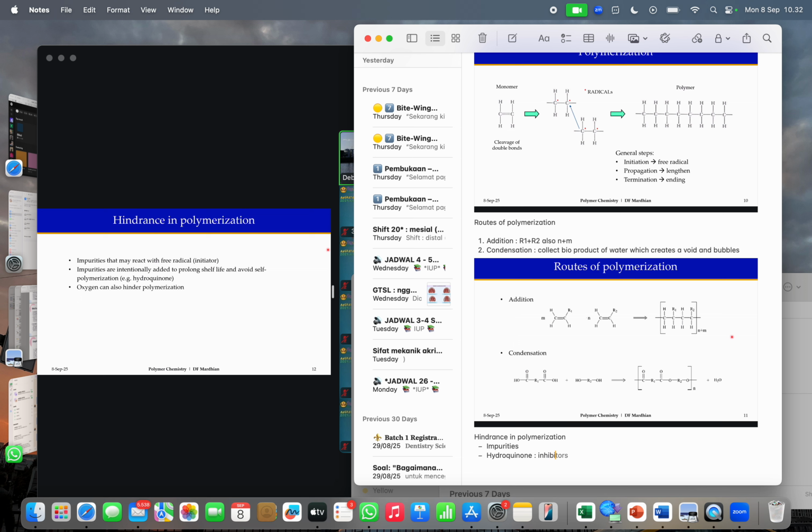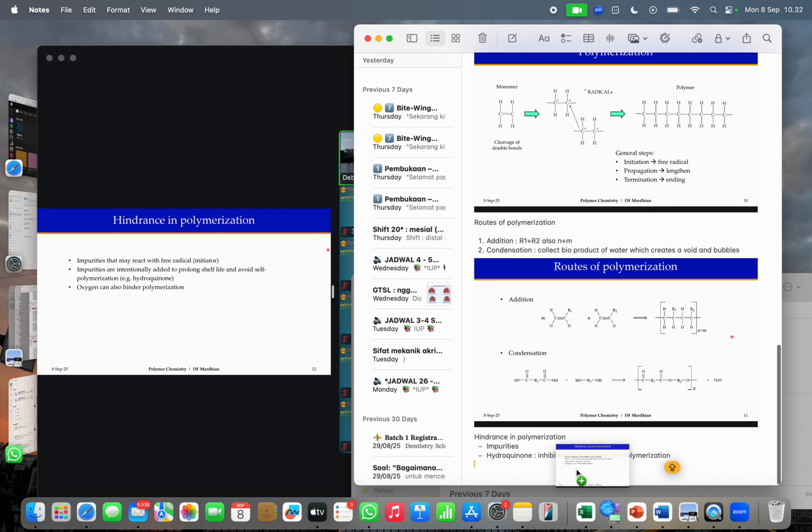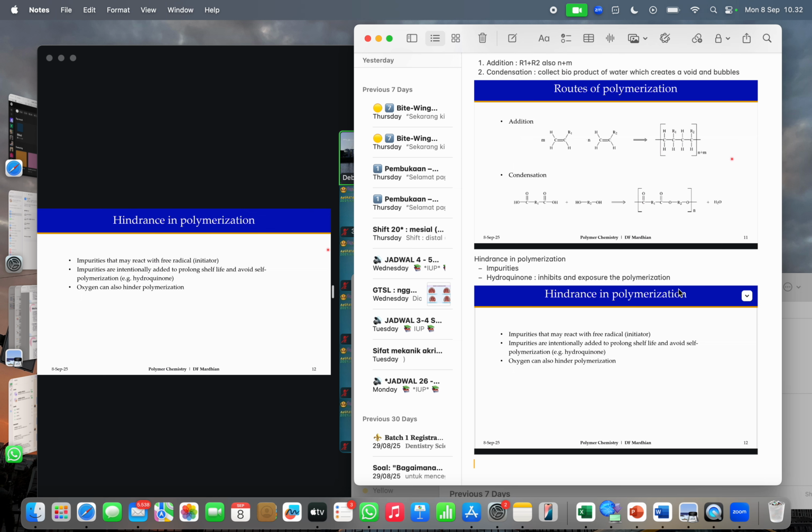And exposure to oxygen can also hinder polymerization. That is why one of the main drawbacks of using polymeric resins for dental fillings is that we need to really clean the surface of the tooth so there is no water on the tooth, because water can contain oxygen, and oxygen will hinder the polymerization.